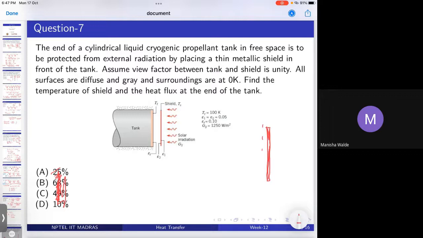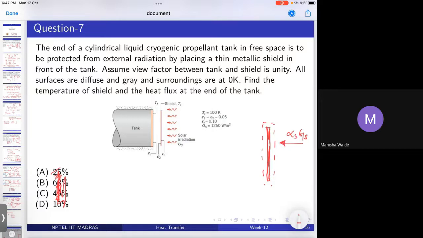If you consider this shield alone, some part of the energy is coming in, that is alpha S G S, where alpha S is the absorptivity of the shield.